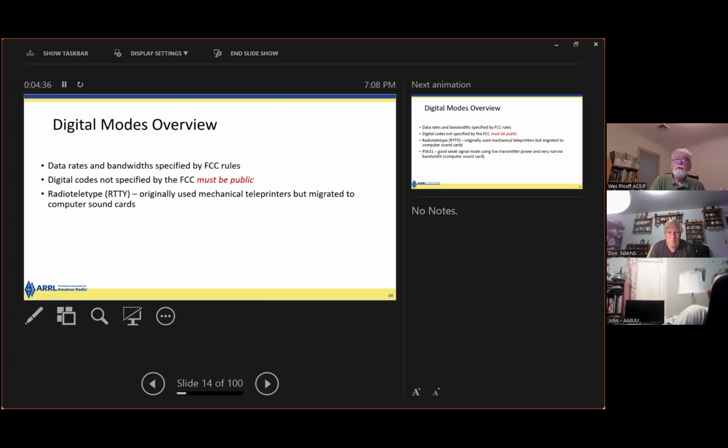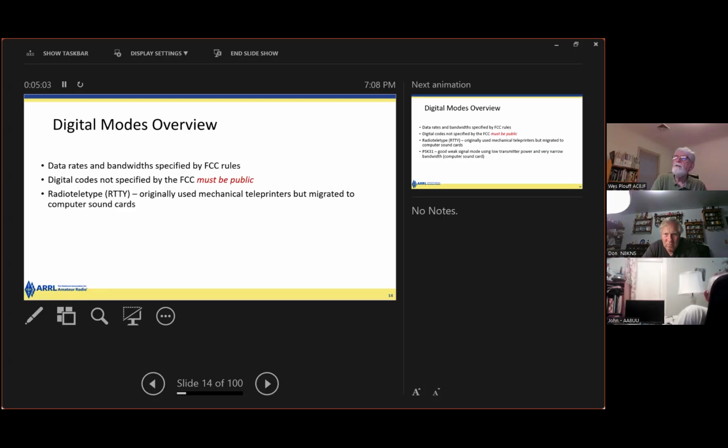The original digital mode was radio teletype. What happened was in the 1950s, radio hams started getting used teletype machines, and they used analog modems to translate between tones and the electrical signal used to communicate with teletype machines.